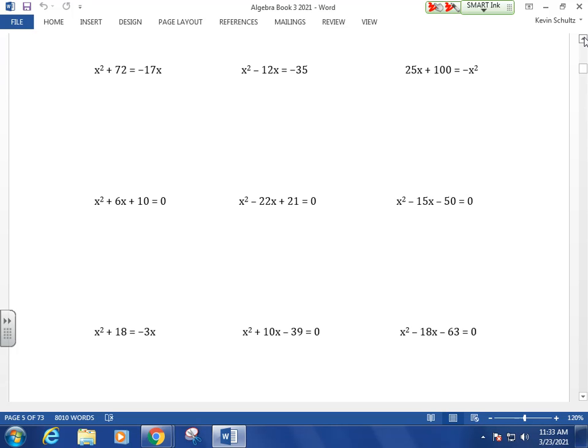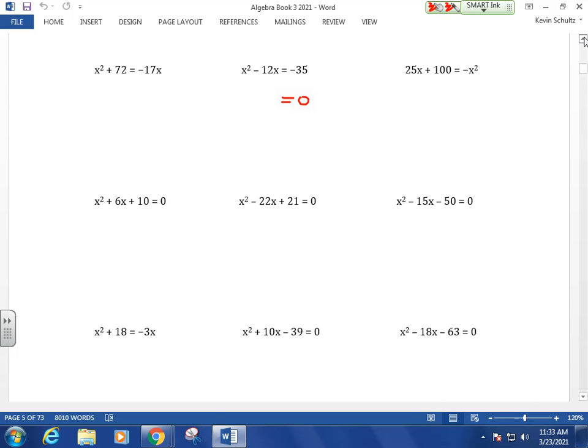Second one. x squared minus 12x equals negative 35. We want to rewrite this so that it equals 0. Which means that we want to take that negative 35 and move it to the other side. And whenever we move something from one side of the equation to the other, what do we need to use?